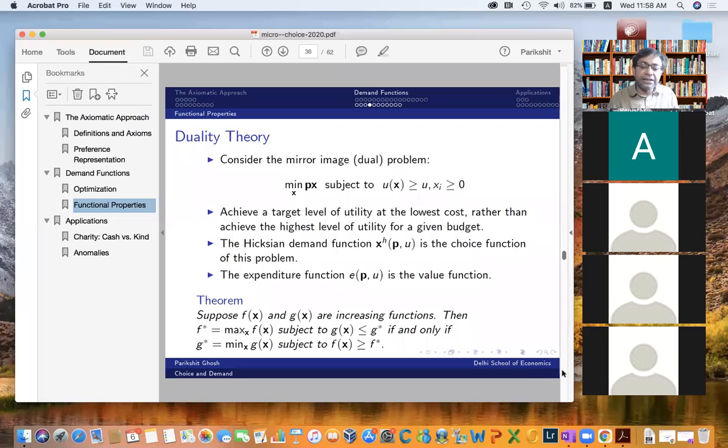If the data contradicts the theory, then we have to throw it out. But if the data is consistent with the theory's predictions, then the theory has survived. It doesn't get a free pass till the end of time, but for now the theory has survived and our confidence in it has grown to some extent. So that's where we are trying to go. Okay, so let's talk about duality.